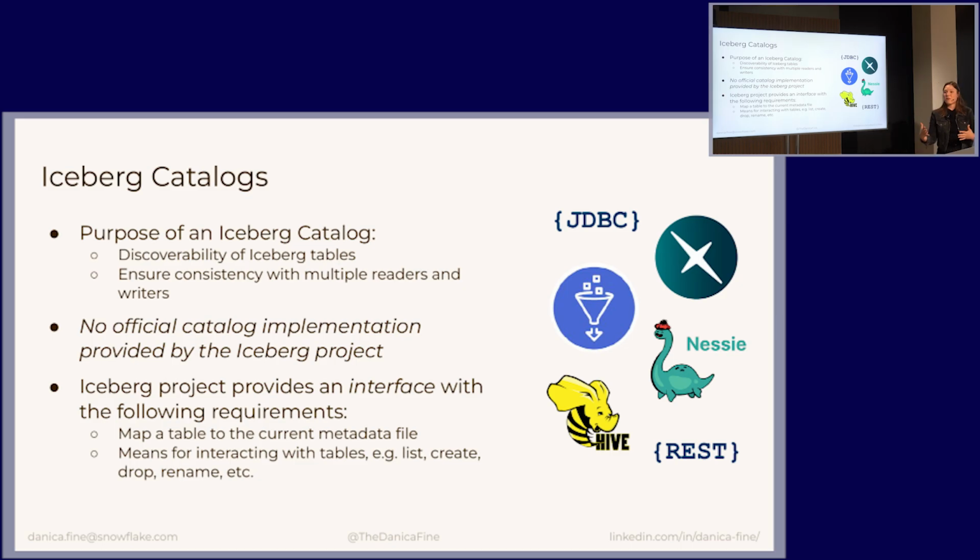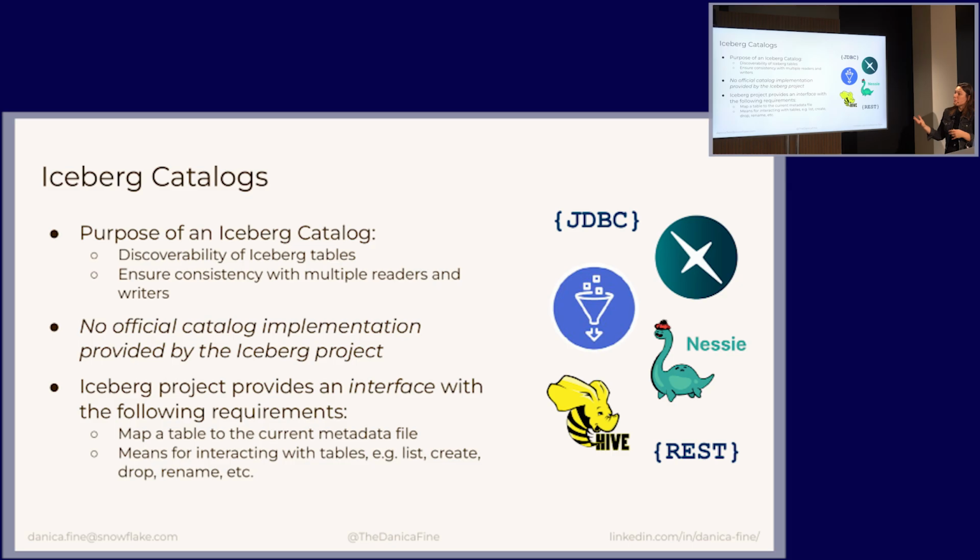One of the selling points of Iceberg is that you write your data once and then all these other engines can work with that data. If you have multiple of them operating on that table at once, we want to be able to update accordingly and have it function properly. Iceberg does not ship with an official implementation of a catalog though. That's cool, but it does provide a specification on how these catalogs should actually operate, an interface for that.